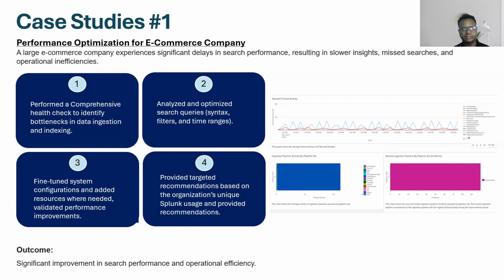We did a comprehensive health check. We identified the bottleneck in a few of the pipelines. We gave the full report with all recommendations on what's to be done, and we helped them fix those issues.